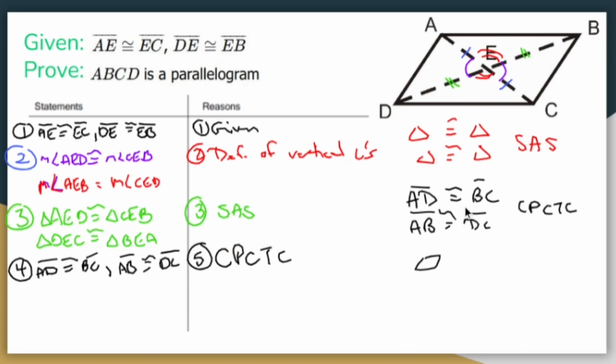Last but not least, now that we have shown that opposite sides are congruent, we can say that ABCD is a parallelogram.